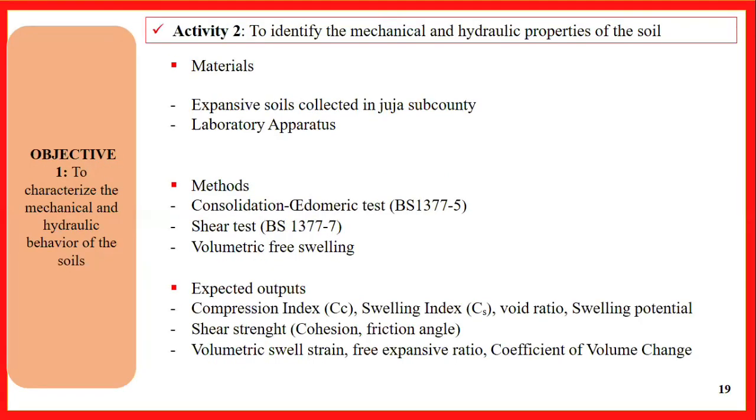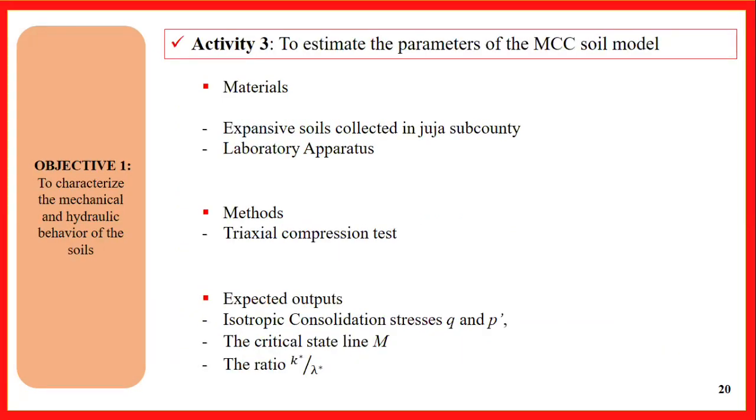For activity 2, to identify the mechanical and hydraulic properties of the soil, we expect at the end the compression index, swelling index, void ratio, swelling potential, free expansion ratio, etc. In activity 3, to estimate the parameters of the MCC soil model, we expect to have the consolidation pressures Q and P, the critical state line M, and kappa and lambda.